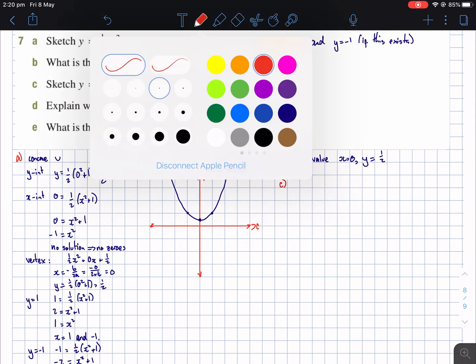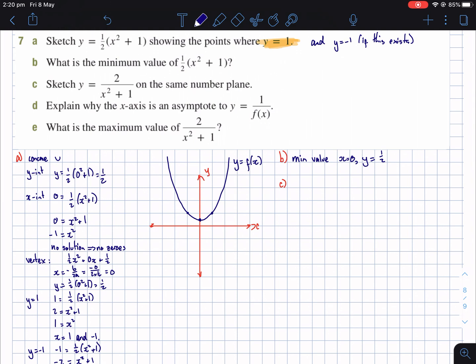Question C, they're asking us to sketch y equals 2 on x squared plus 1, which is the same as 1 over a half x squared plus 1, okay?